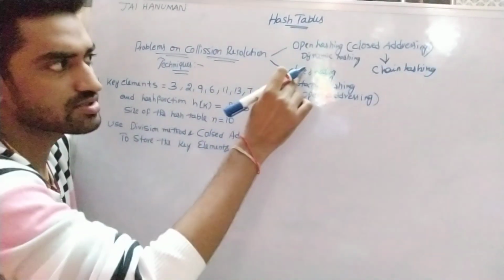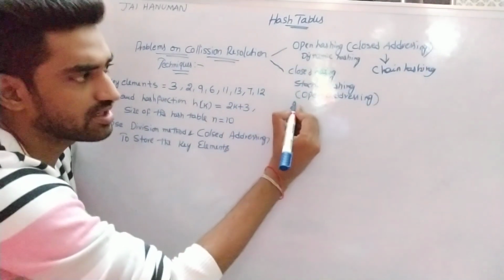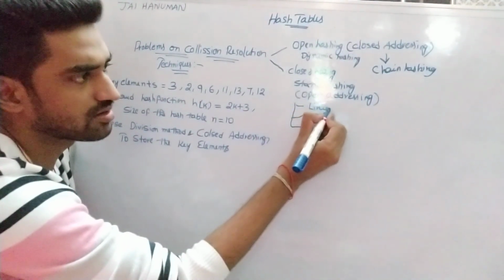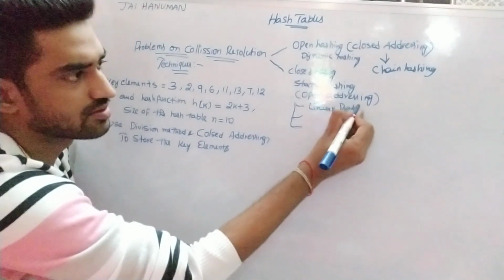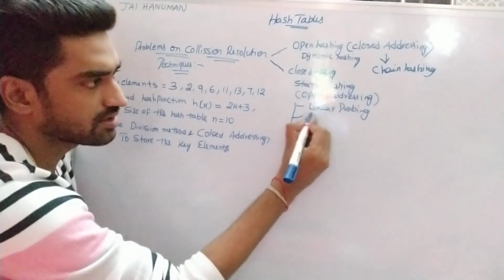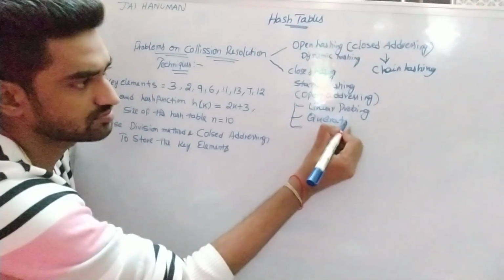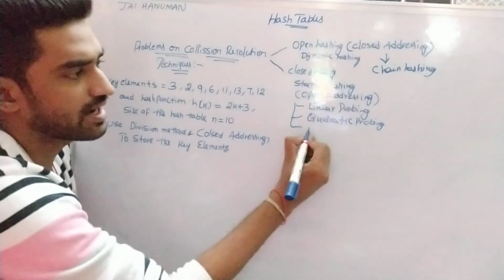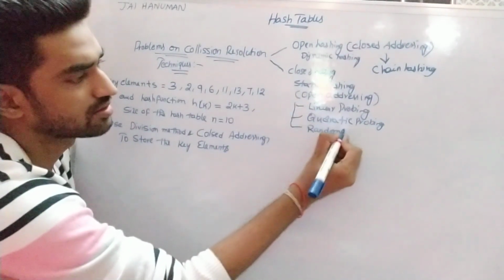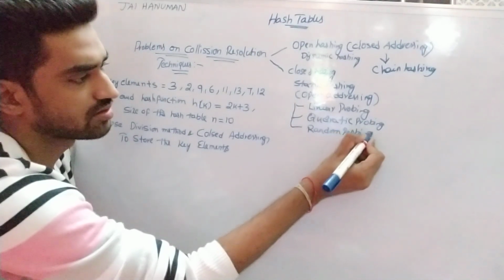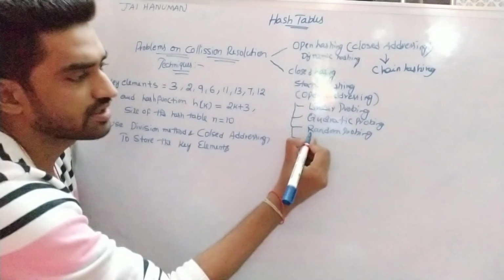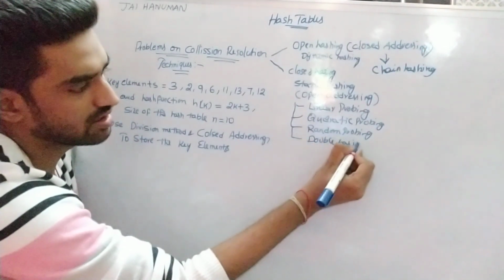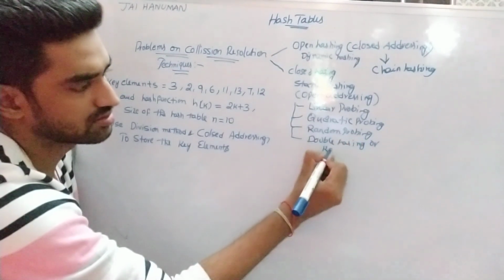To implement closed hashing or the open addressing mechanism, we use four types of techniques: linear probing, quadratic probing, random probing, and the final one is double hashing or rehashing.